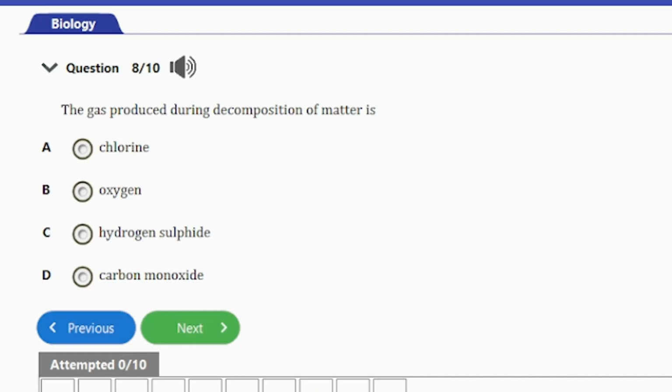During the decomposition of organic matter, several gases are produced. One of the most common gases usually produced is hydrogen sulfide. This gas is produced by bacteria during the breakdown of organic materials that contain sulfur. So guys, the correct answer is option C, hydrogen sulfide.